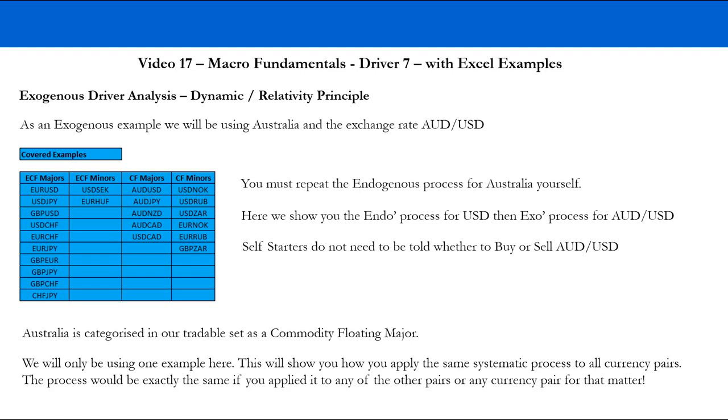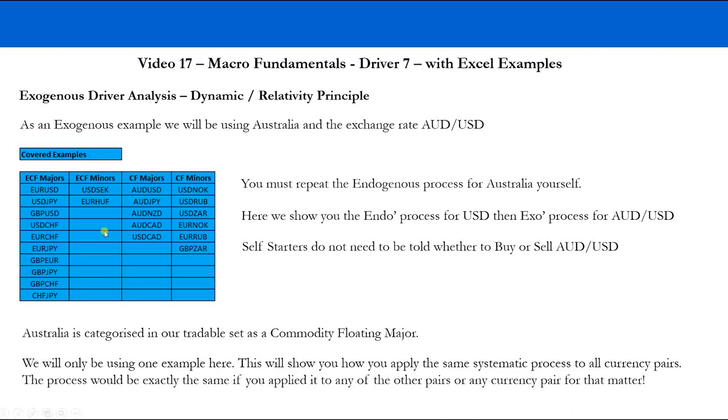So what we're showing you here is the process that you would go through as a professional trader or hedge fund manager to get to the final answer. Now, Australia is categorized in our tradable set as a commodity floating major.